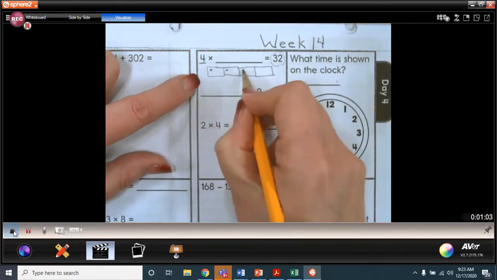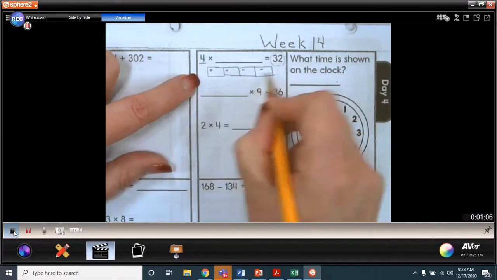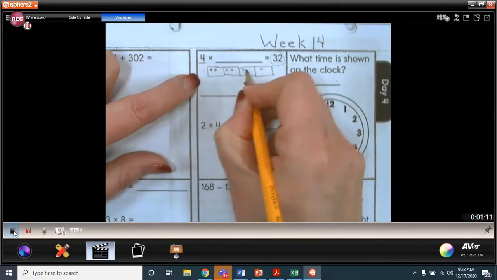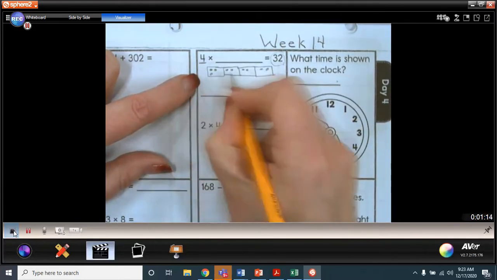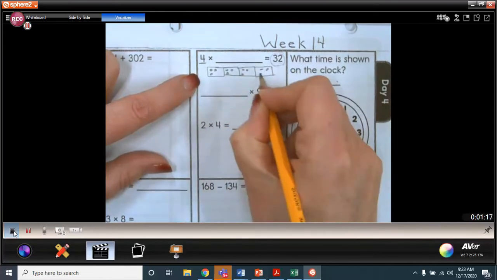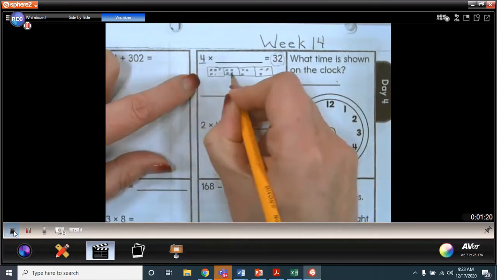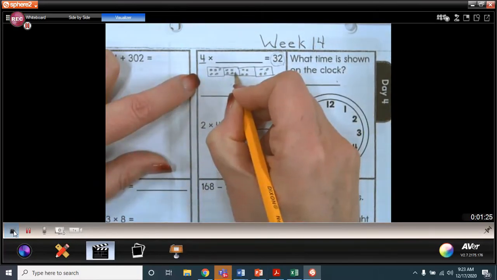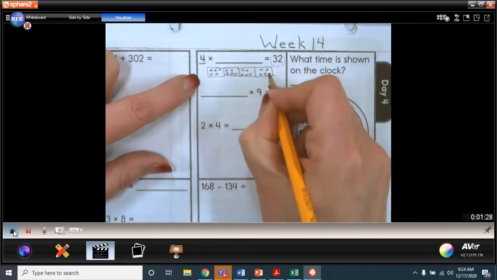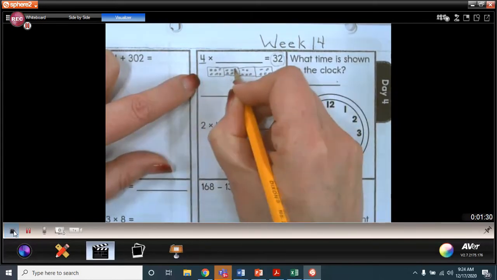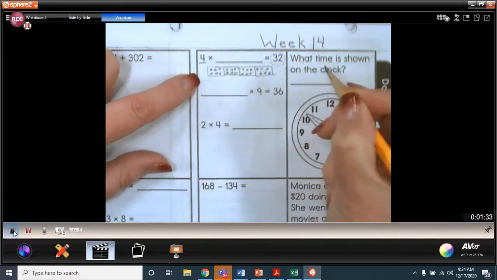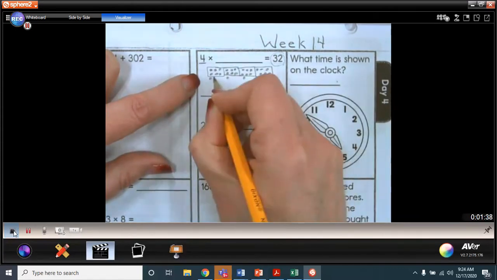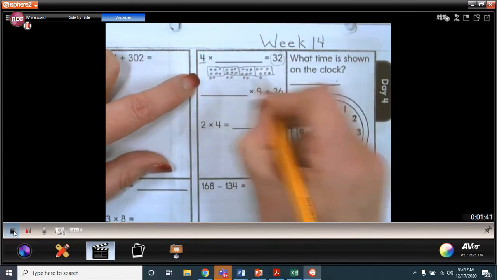So 1, 2, 3, 4. Remember, you're going to hear multiples of 4 by the time you put the last one here. 5, 6, 7, 8, 9, 10, 11, 12, 13, 14, 15, 16, 17, 18, 19, 20, 21, 22, 23, 24, 25, 26, 27, 28, 29, 30, 31, and 32.